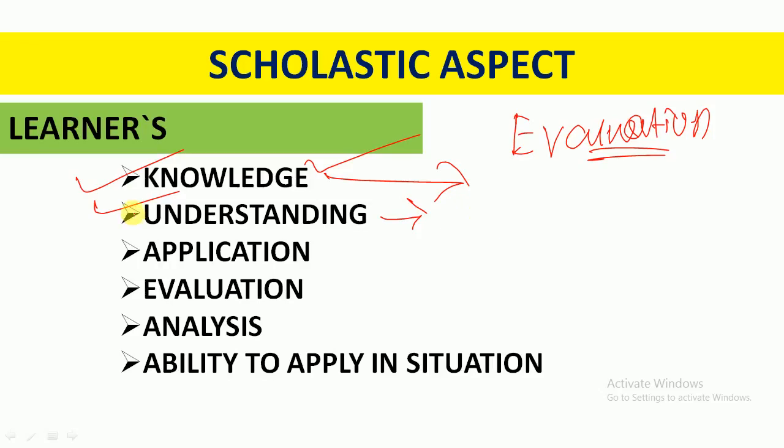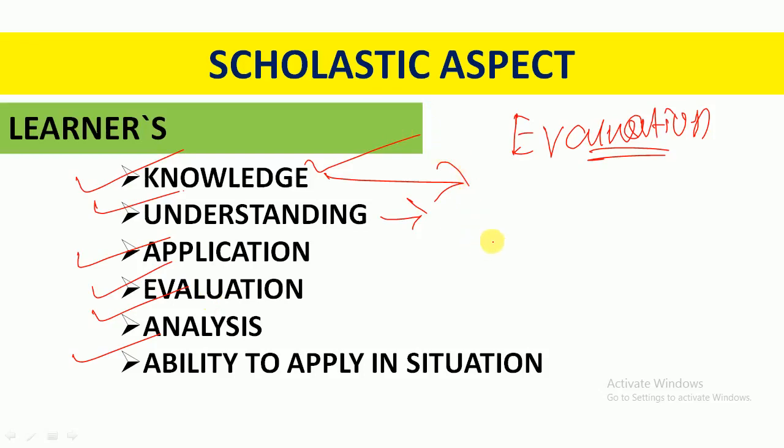Third point is application. Application-based questions should also be practiced in the classroom or in the assessment process. Fourth is evaluation, fifth is analysis, and sixth is the ability to apply in situations.